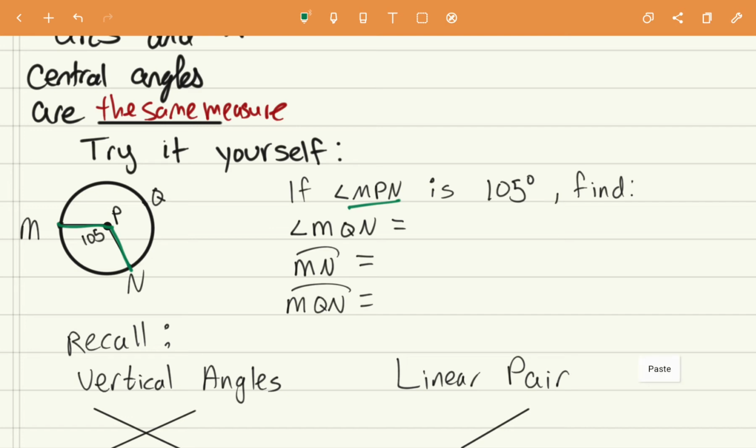So again, MQN is our inscribed angle, which means it's going to be 1/2 of 105, which gives us 52.5. You can do that in a calculator.